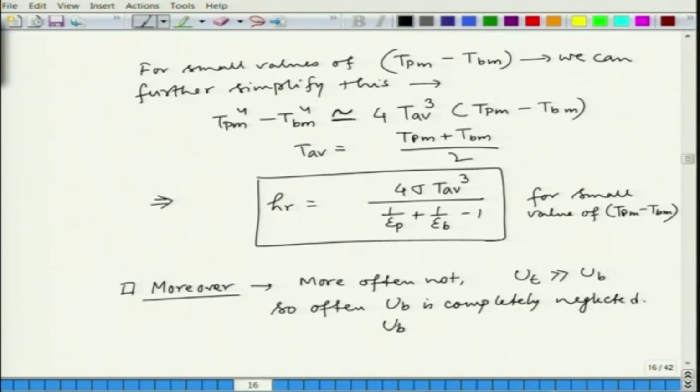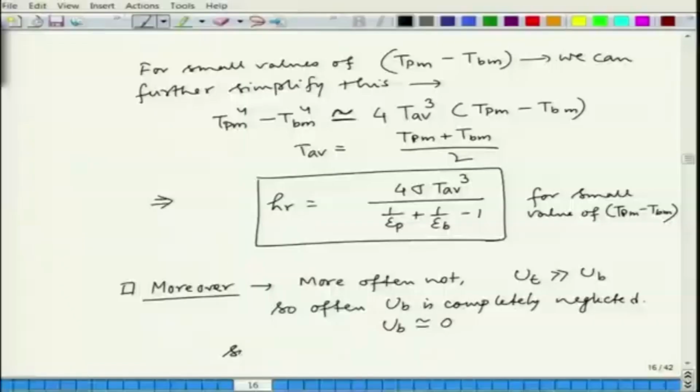That means ub is 0, that is what it is assumed. Then one thing we can do, that we only have ut now, and we can replace that with ul. ul stands for the loss coefficient, and it is acceptable when you do not have any ub.